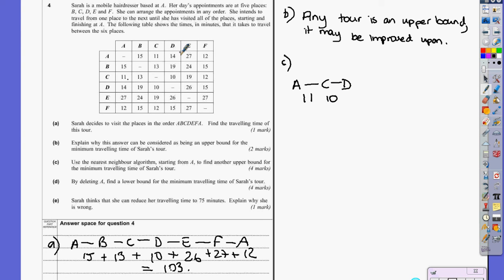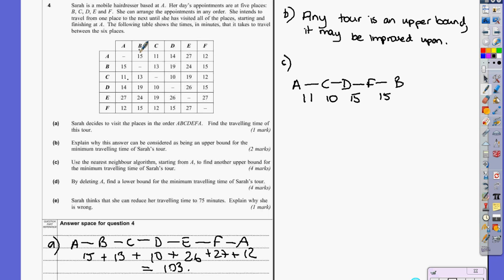From D, I'm not going to go to A and C, but I need to go to the other shortest one, which turns out to be F at 15. From F, I've been to A, C and D, so I've got B or E. I think I'm stuck with from F to go to B, which is also 15.